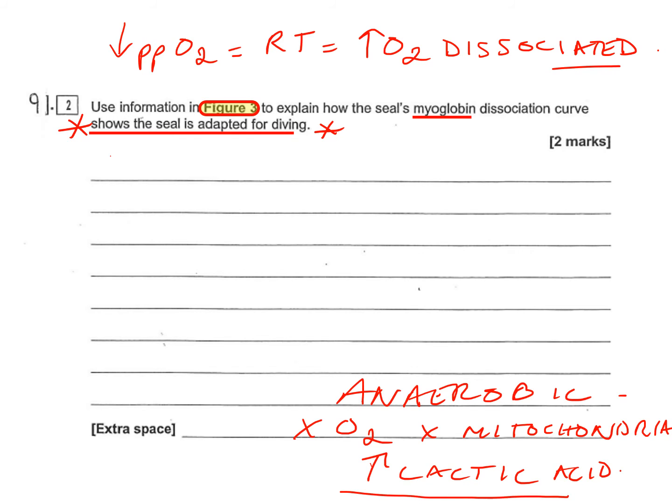So what happens with the oxymyoglobin up here is that because it's a store of oxygen, and that's given off when the PPO2 is very low, it allows aerobic respiration to continue, which prevents the formation of lactic acid while the seal is diving for a short time anyway.